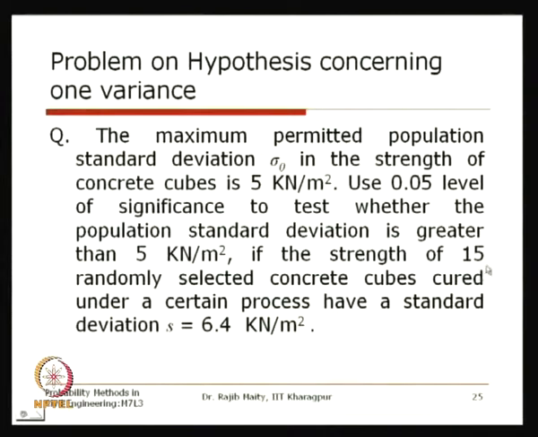So, we have taken 15 random samples and the sample standard deviation is 6.4. If we compare 6.4 and 5 kilonewton per meter square, this is obviously greater.